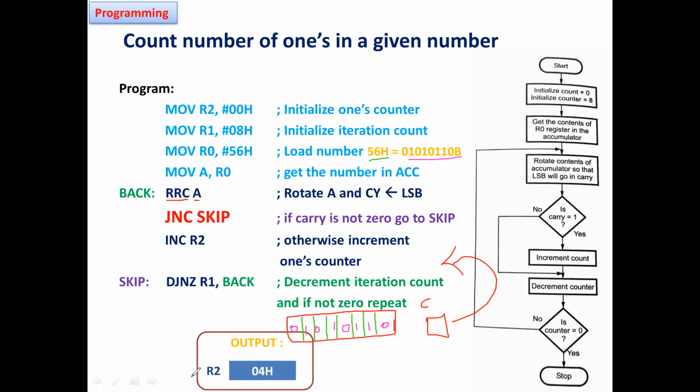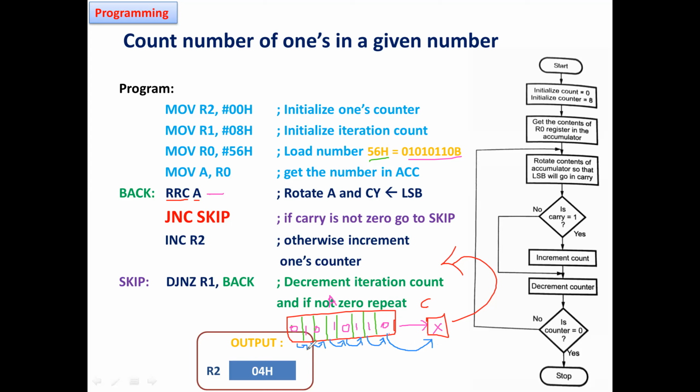By default, we don't know what is presently in the carry. So for the first rotate right, your data is going to rotate to the right side. The first bit is going to be shifted out, and each and every bit will be shifted towards the right side.